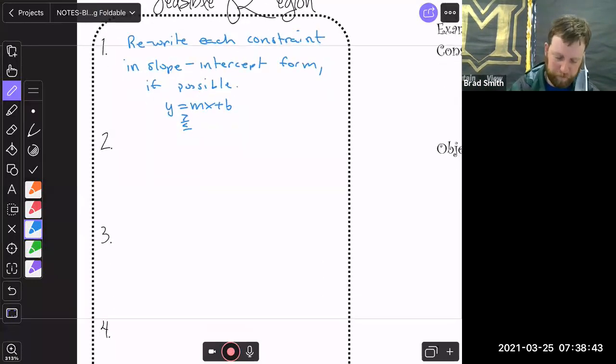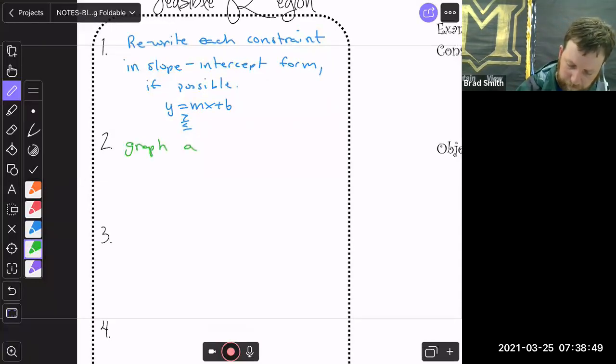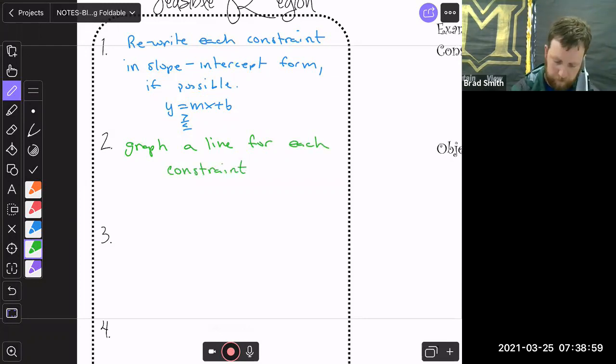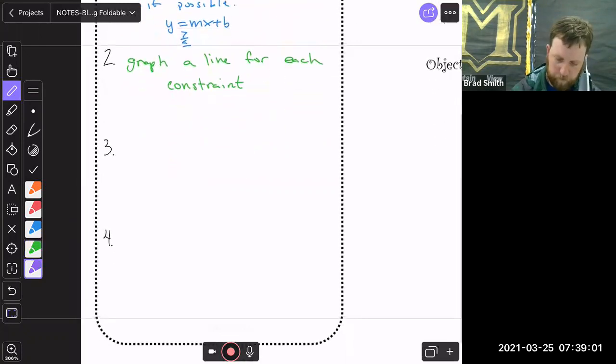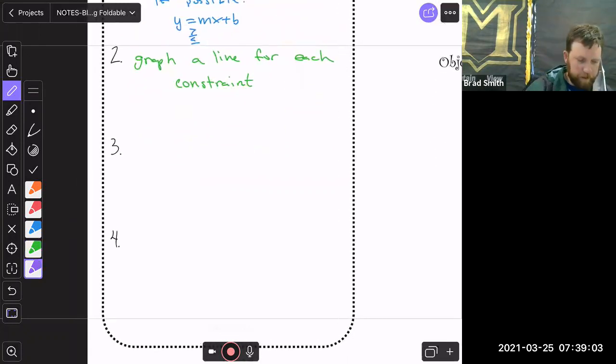All right, step two. We're going to graph a line for each constraint. Step three, we're going to identify the polygon formed by each constraint.